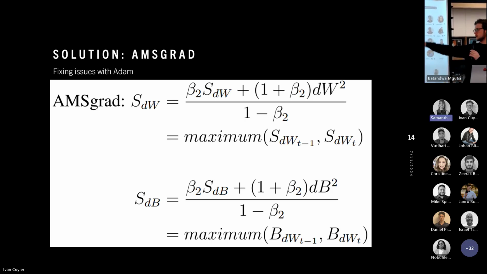That's what these two maximums do in the equation. This small adjustment allows AMSgrad to keep the same benefits of ADAM, so faster learning, but we can now successfully climb out of local minimums and find better ones. So our network becomes much more accurate.